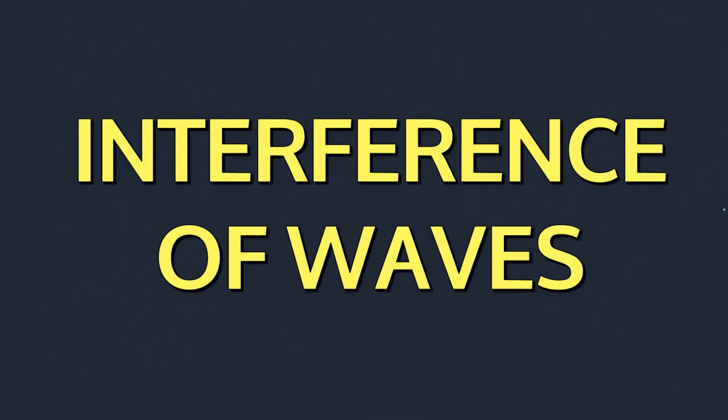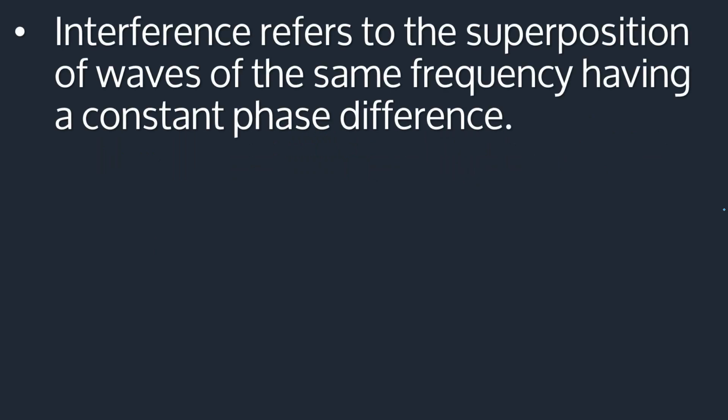Next, we are done with diffraction. I want us to look at interference of waves. What is interference? Interference refers to the superposition of waves of the same frequency having a constant phase difference. Superposition is overlapping of waves of the same frequency, and they must have a constant phase difference.